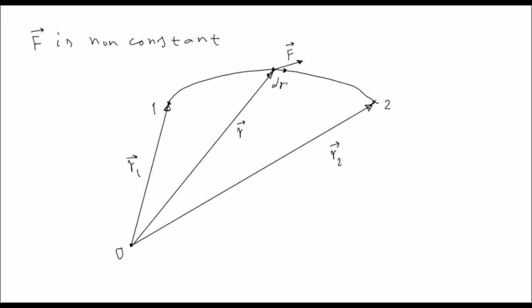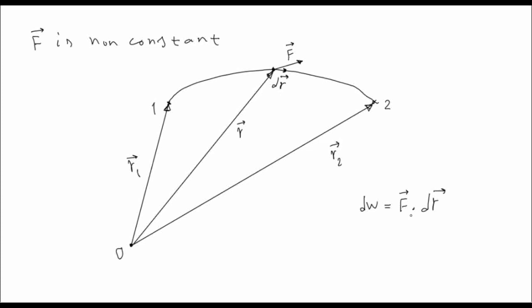So, for a very small displacement dr, you can assume that F is constant. So, the work done on the object through its very small displacement dr from this point to this point is equal to F dot dr.